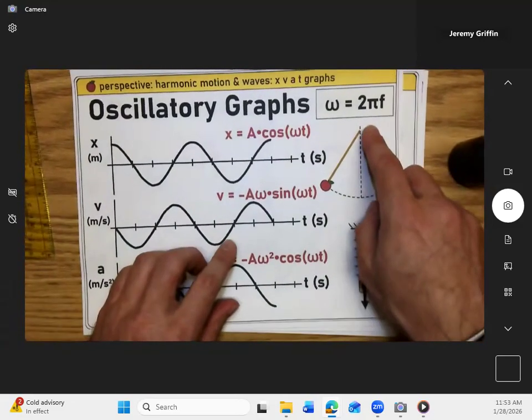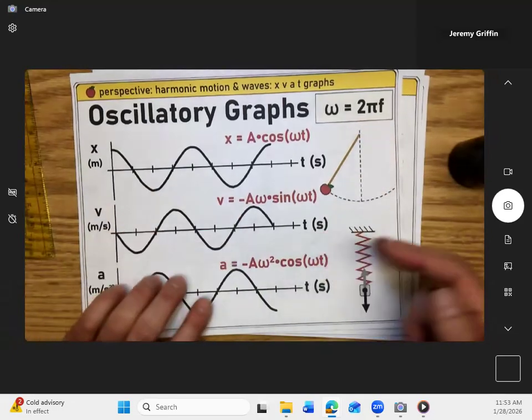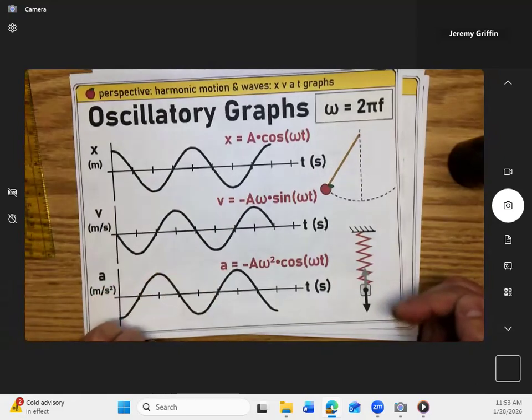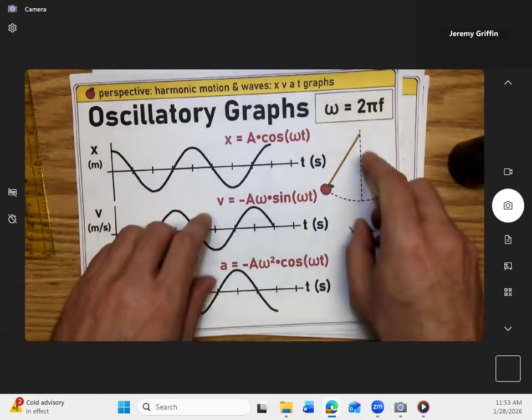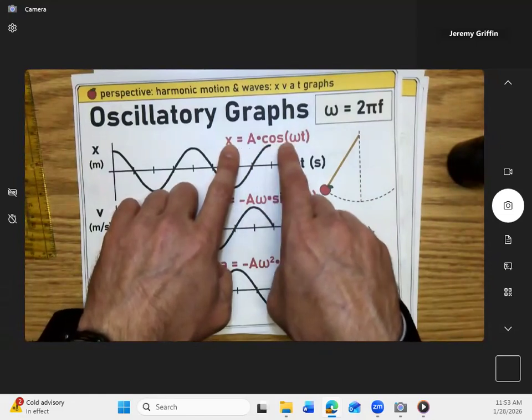Now here's why I'm multiplying by 2 pi. Let's do the example of 10 hertz. It's oscillating at 10 times per second. If it's 10 hertz, what's the time period again? 0.1 seconds. It takes only 0.1 seconds to oscillate back and forth. So let's look at this governing equation, position as a function of time.